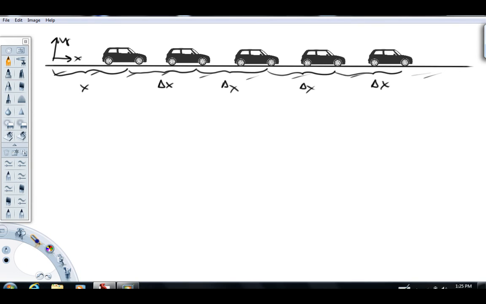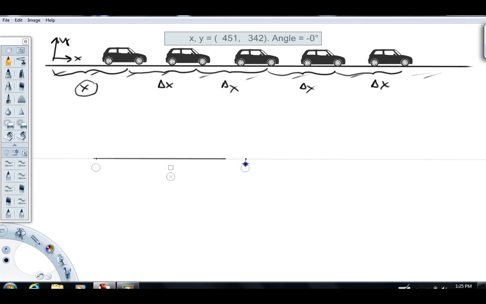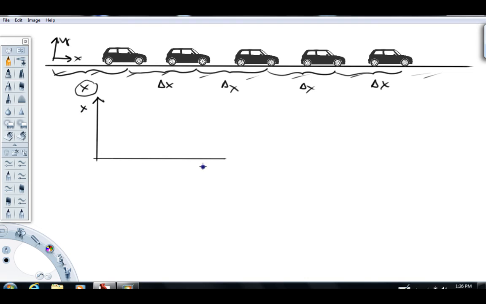If we were to graph position against time, and again that's the x coordinate of the car against time, here's what that graph might look like. I'll draw myself a decent set of axes here. We're going to graph the x coordinate of the car against time. Depending on where the car was at t equals 0, I'm going to assume the car is here at some positive value.